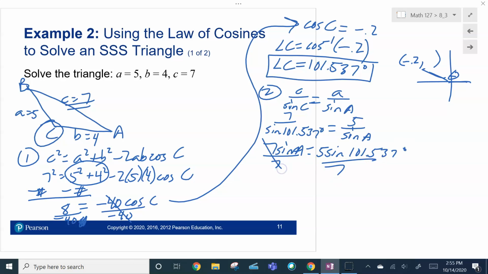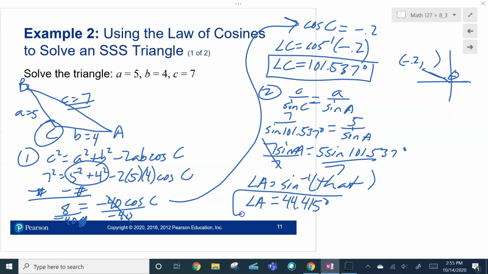So angle A, once I take the arc sine of that, ends up being 44.415 degrees. So lastly, angle B: now we have angle C, 101.537, and I have angle A. Solve for the remaining angle B because they all add up to 180 degrees, and you get 34.048 degrees. Okay.